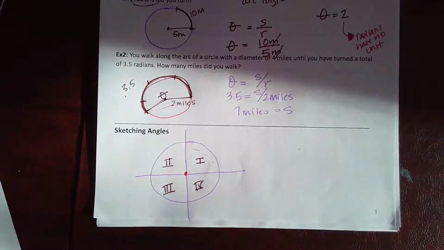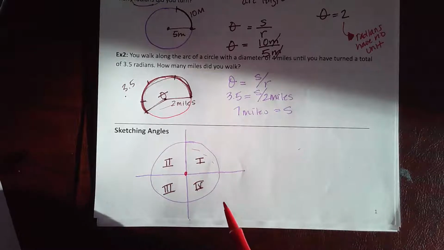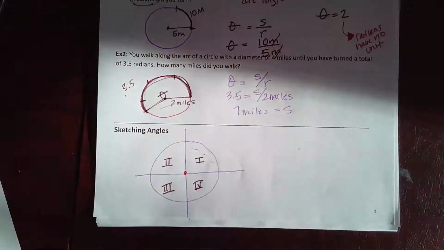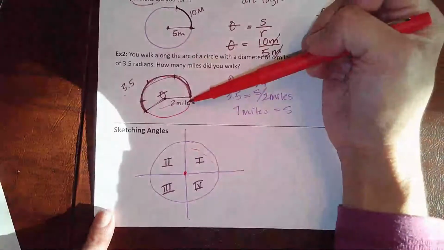That's what I'm trying to get at: we want to measure how many radians around is the whole circle. Like how many of these radiuses could fit in a whole circle. Well, 3.5 lands me here.